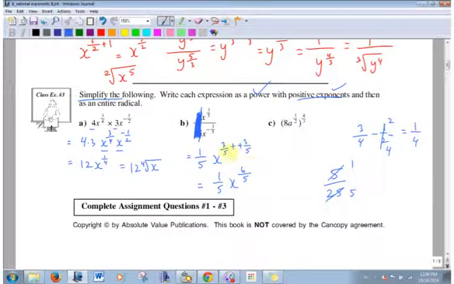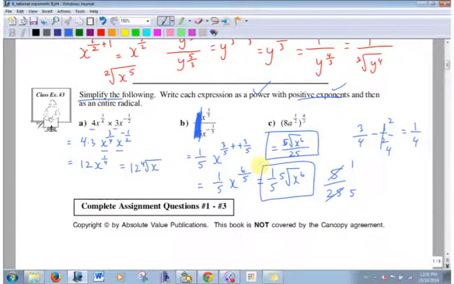I have the same denominator. I'm just going to add the numerators. Okay? As a radical, that's the 5th root of, not x, x to the 6th power. Okay? Do I need that 1 there? No, I don't. So that's the same as that, okay? Which way do you like to see it? It doesn't matter. They're both right, okay?